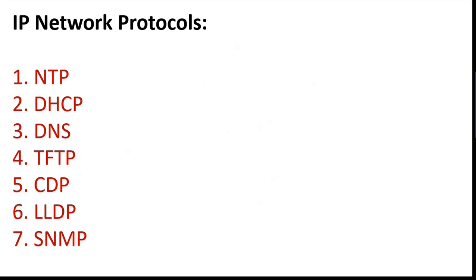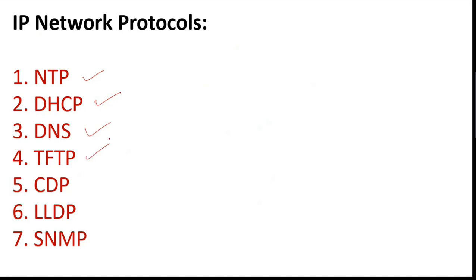Then some IP network protocols. In collaboration networks, different IP protocols are required, like NTP, which is very important for time synchronization, DHCP for IP address assignment, DNS to resolve domain names or fully qualified domain names to IP, and IP to domain names, vice versa.